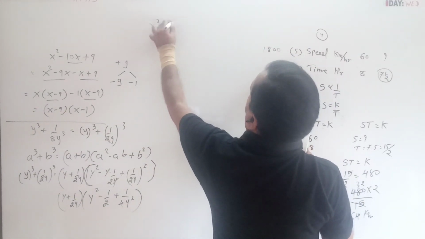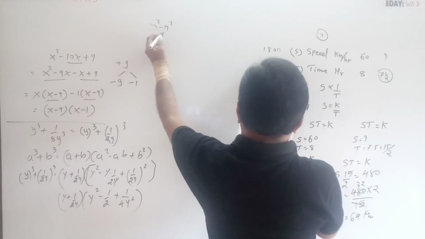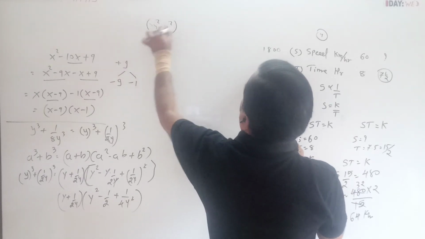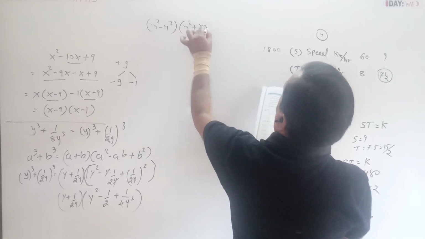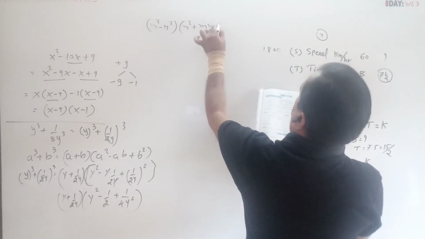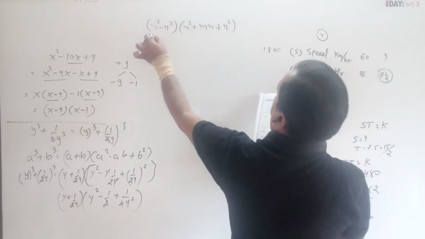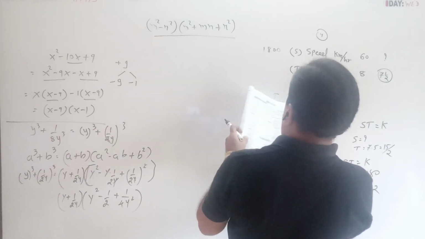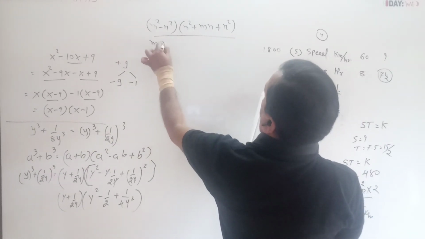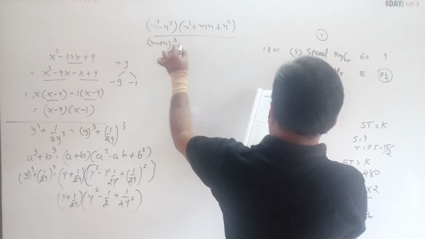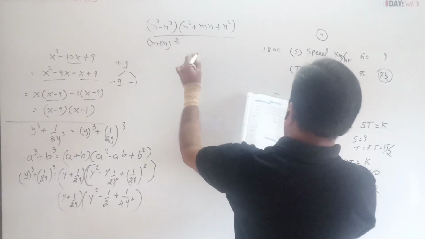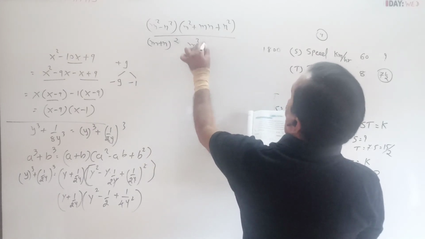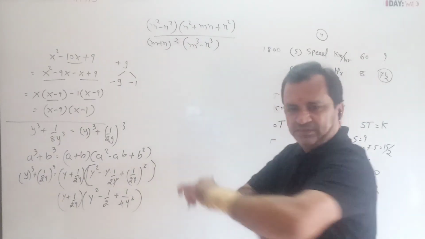m square minus n square, m square mn plus n square, m plus n cube, m cube n cube.